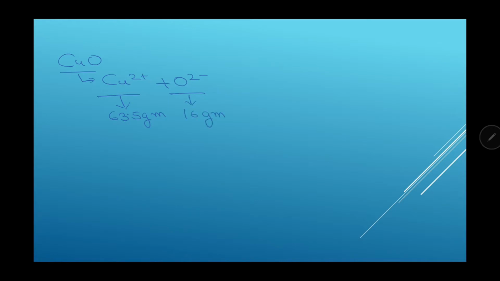Now as before, we know that 16 grams of O2- are being replaced or displaced by 63.5 grams of Cu2+. This is Cu2+, you may write it here, and this is O2-.